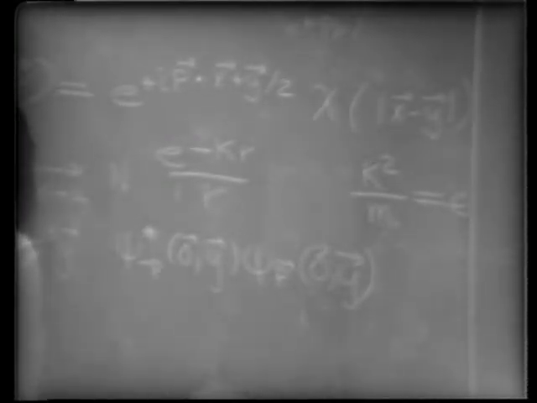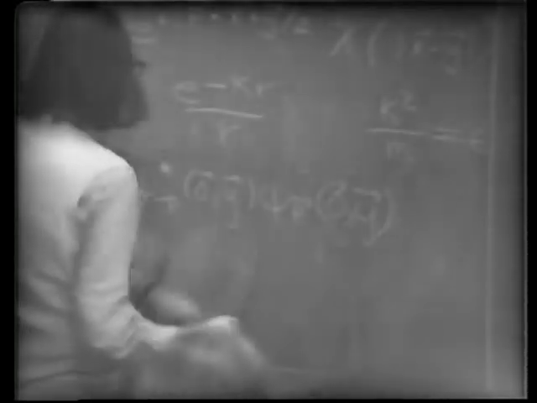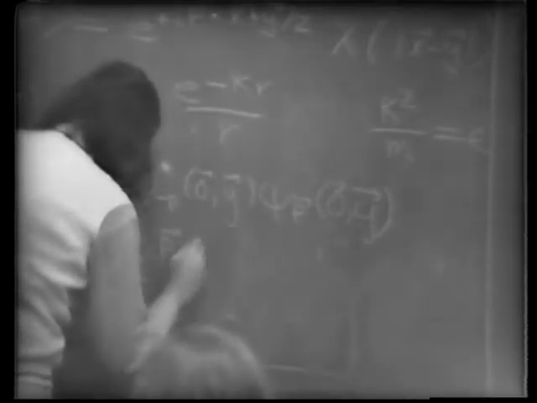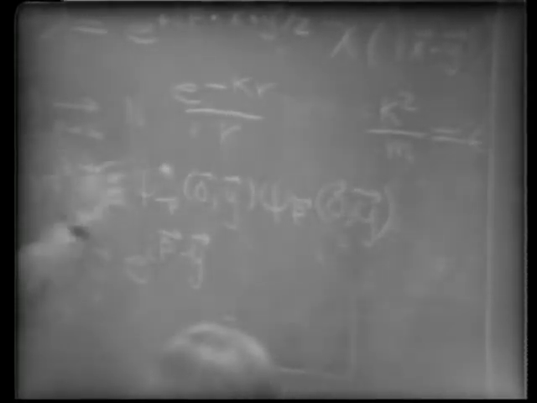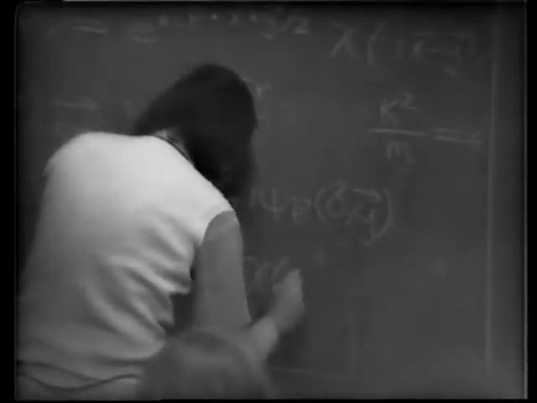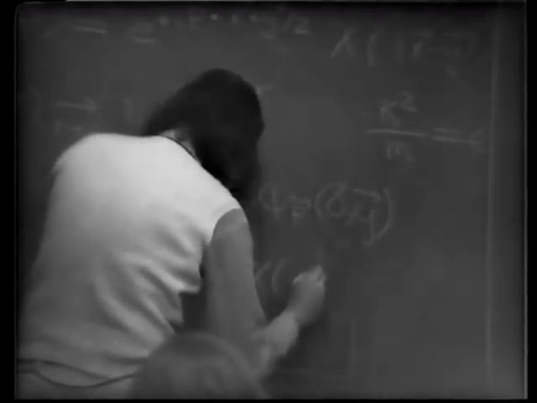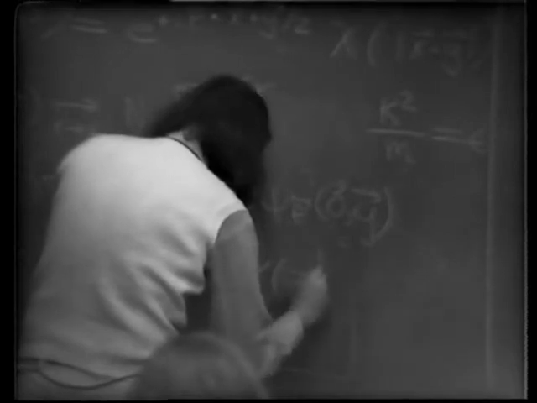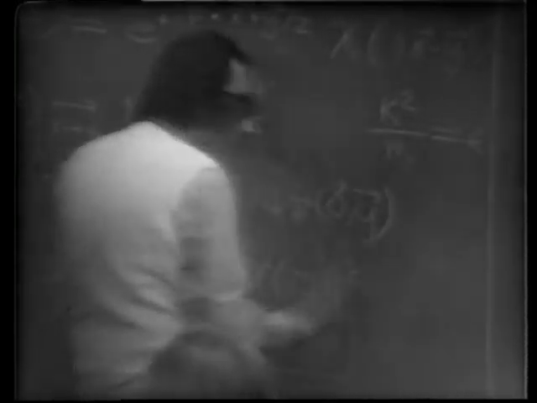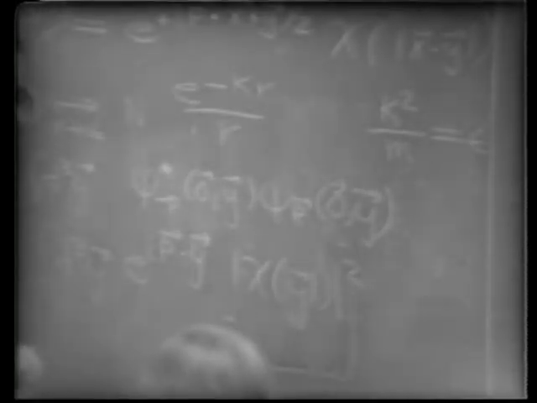I've got a y over 2 from one and a y over 2 from the other. So I get integral d cubed y, the 1/2s cancel, e to the i p dot y, and then I have psi of the magnitude of y, squared. Everyone happy?